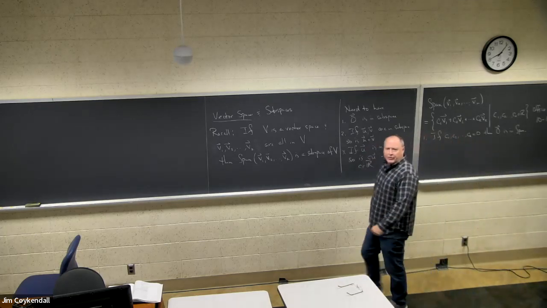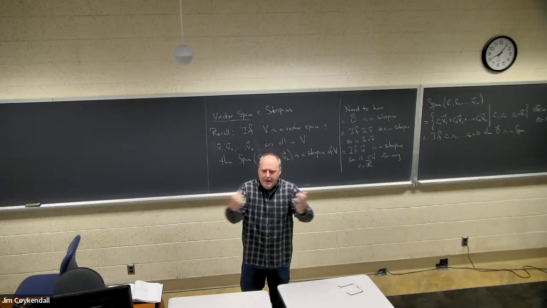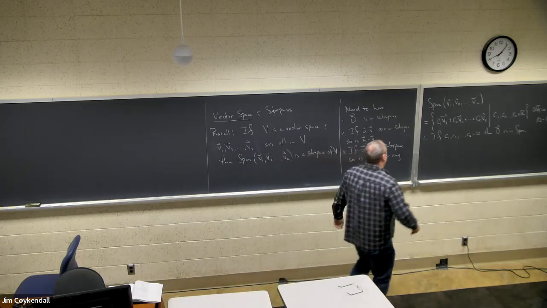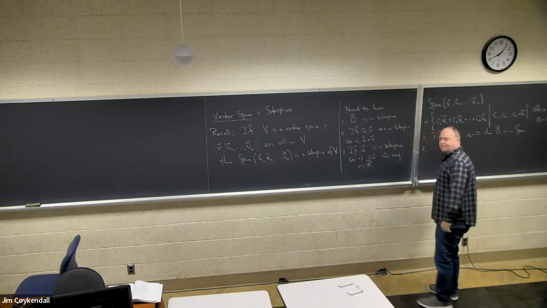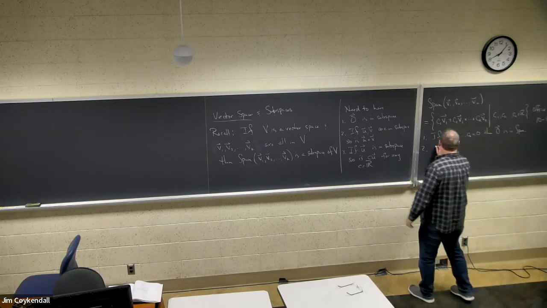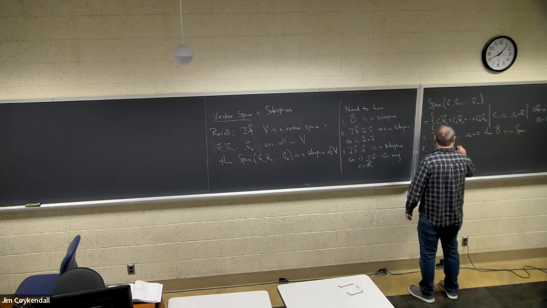We need to be closed under addition, as you all say, right? So that means if I have two vectors in the span, when I add them up, it's still got to be in the span, right? Well, I guess the best thing I can do is just write down what two vectors look like. If U is in the span, it looks like this.